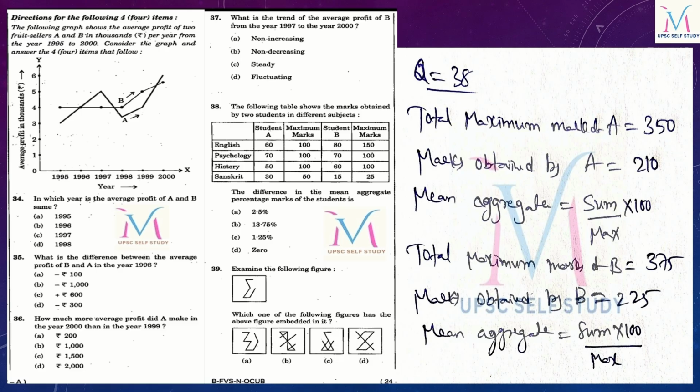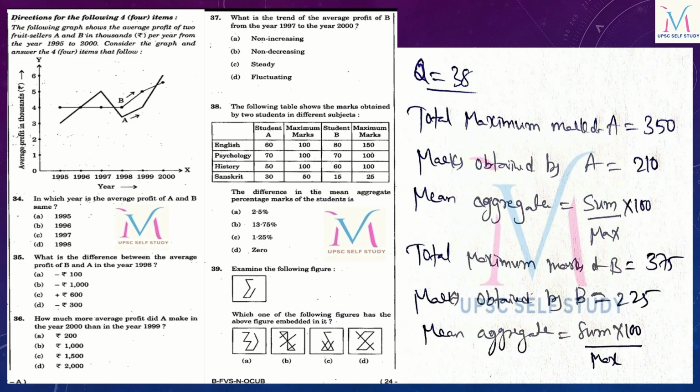Here the sum is 210, the maximum is 350, into 100, and if we do the calculation we get 60 percent for the mean aggregate of A.